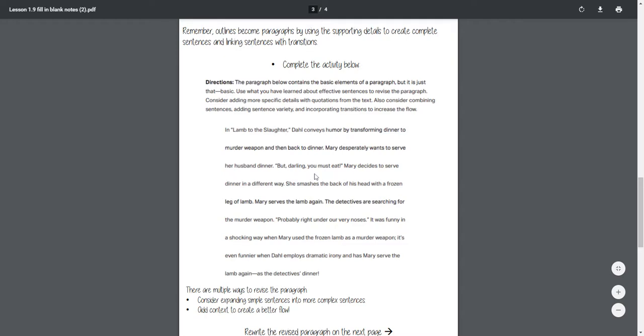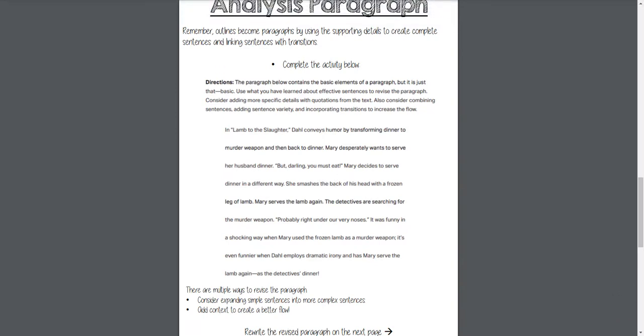Then it says, but darling, you must eat. Well, I have no idea where that is. And you could say something like, Mary pleads with her husband, comma, but darling, you must eat. And that way you embed that quote, that piece of textual evidence, into another part of the sentence. So those are 2 ways to make the first 2 ideas inside these body ideas a little bit better, a little bit more in depth.